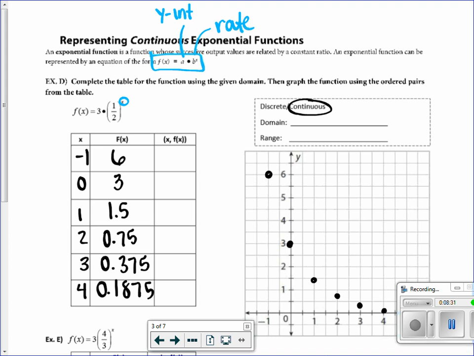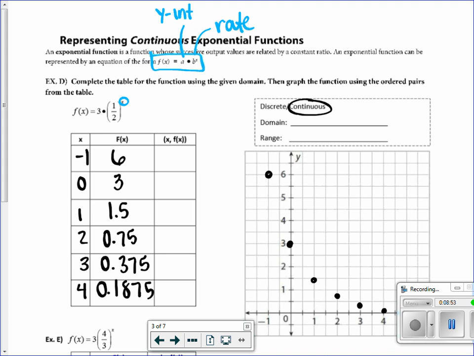Now, before we connect it, what's happening to our y values each time? It's getting smaller. By what? By half. We talked about this yesterday. If it's getting half each time, what is it not going to get to? 0. We need to keep that in mind when we graph it.